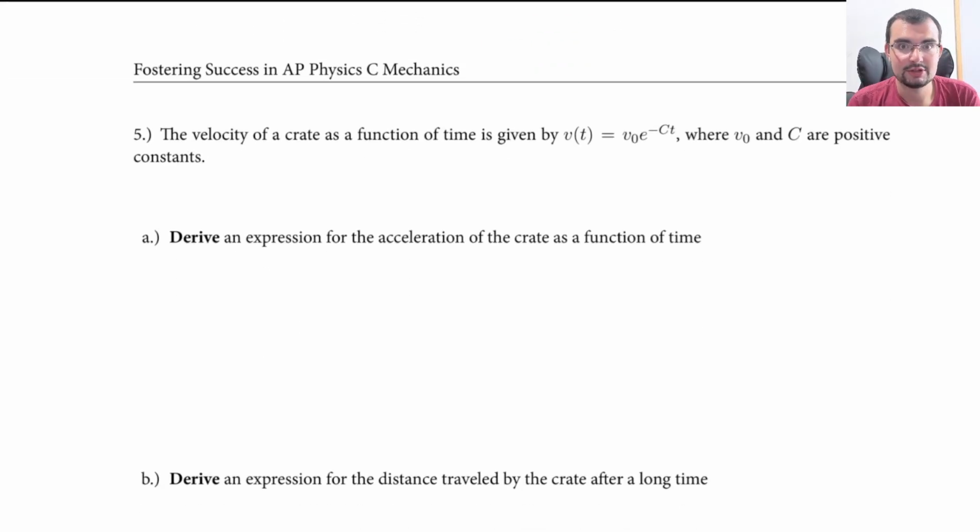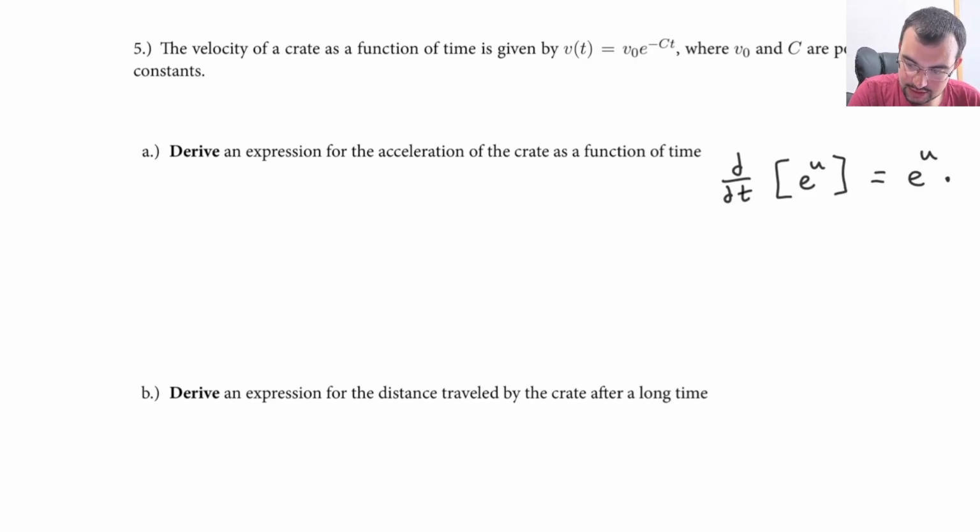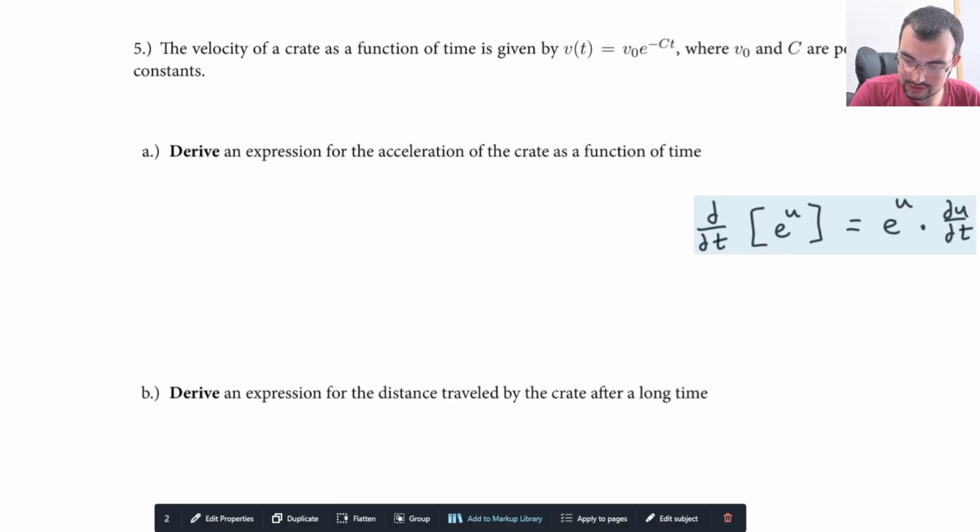All right, and last, here's our final function we need to know how to deal with in this class. It's exponentials. Now, we'll come back to these later, but the exponential is actually a really nice derivative rule where the derivative of an exponential is just the exponential itself times the derivative of whatever's in the exponent, just like we did with the trig function.